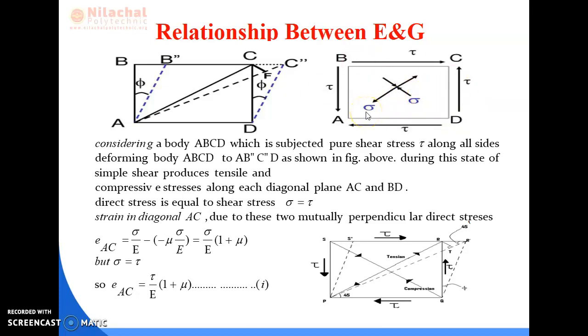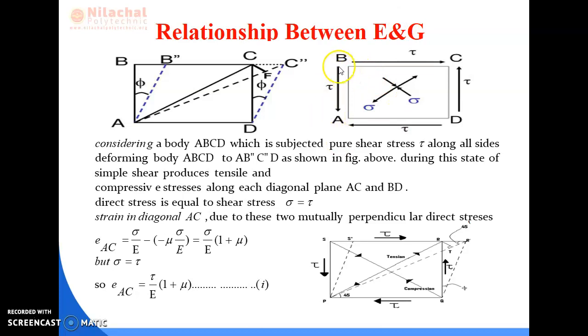We know that if two stresses or two forces are acting simultaneously at a point, then the resultant will act through the intersection point and its magnitude will be opposite to that of the applied forces. Here these shear stresses cause a diagonal stress that will cause the diagonal BD to decrease its length at point B.